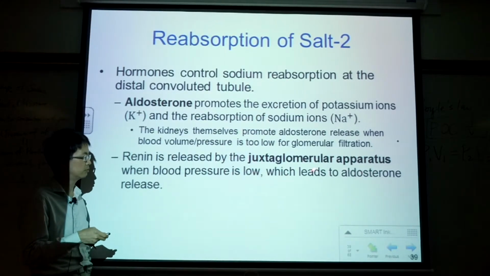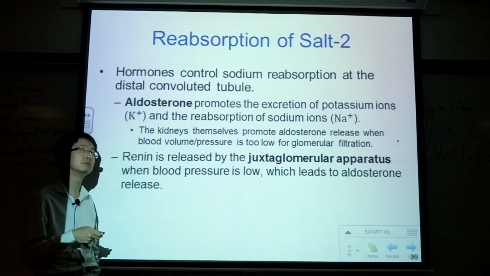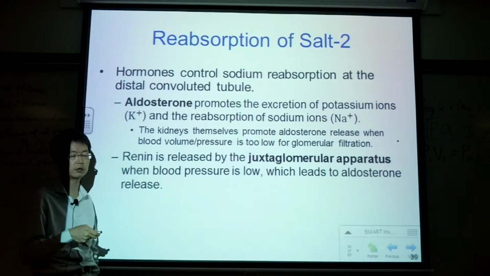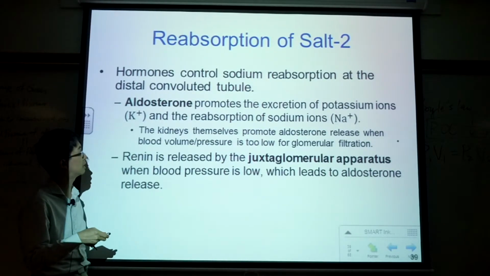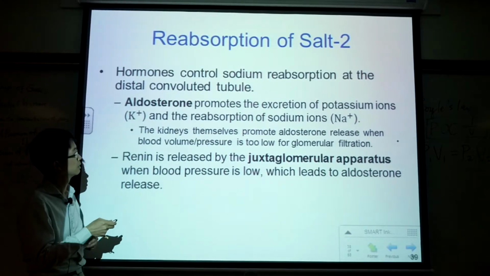Then it will secrete this aldosterone. Aldosterone is not secreted from your kidney. It is secreted by your adrenal gland, not by your kidneys.